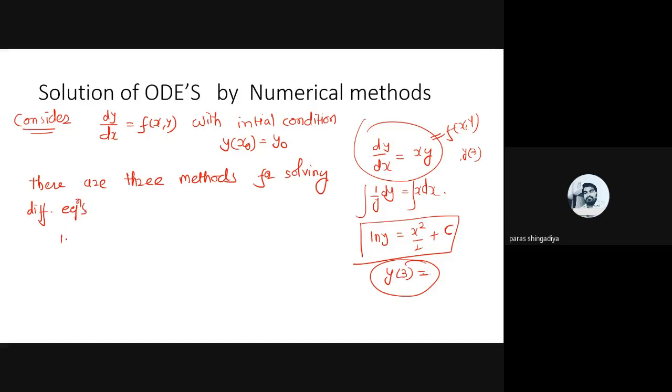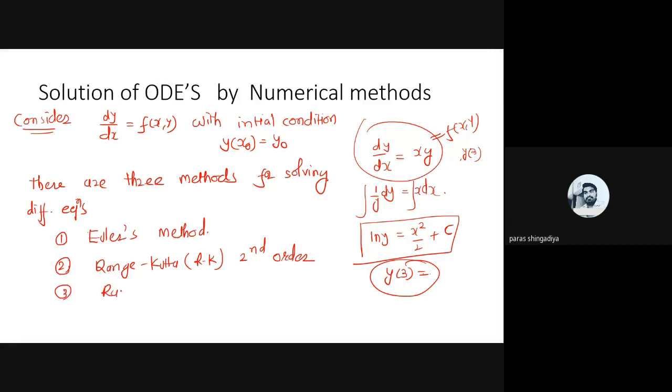First is Euler's method, second is Runge-Kutta, RK second order, and third is Runge-Kutta, RK fourth order. So these three methods we'll learn in this unit to solve the differential equation.